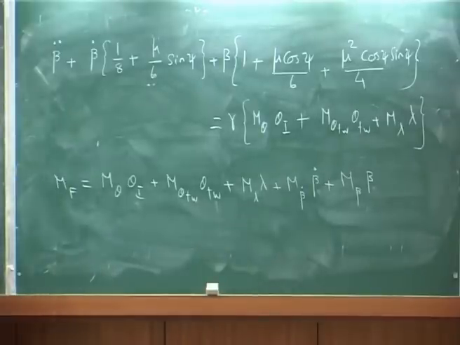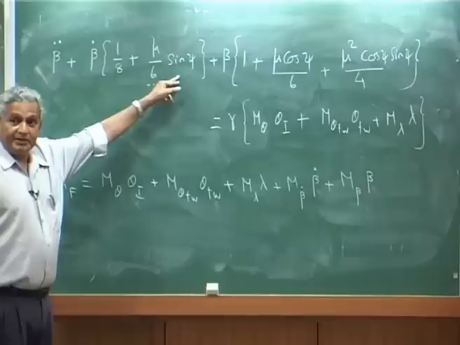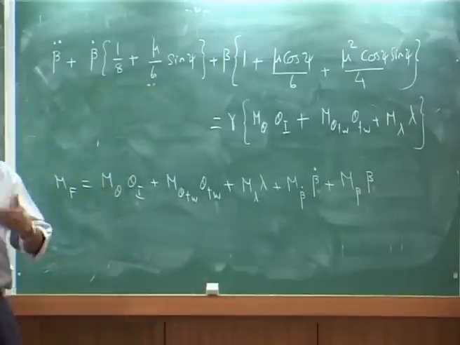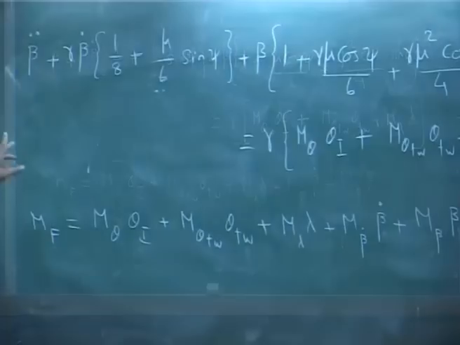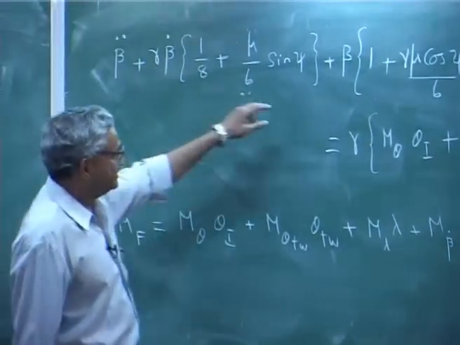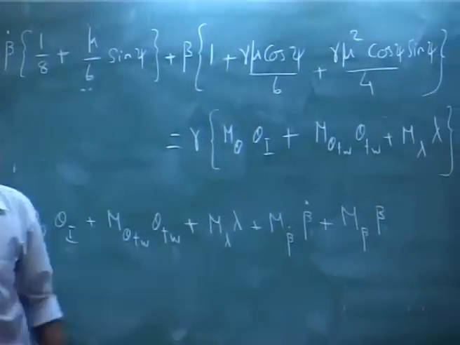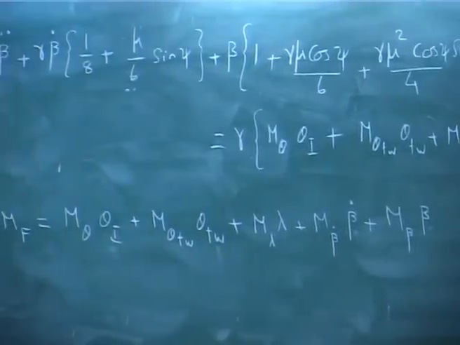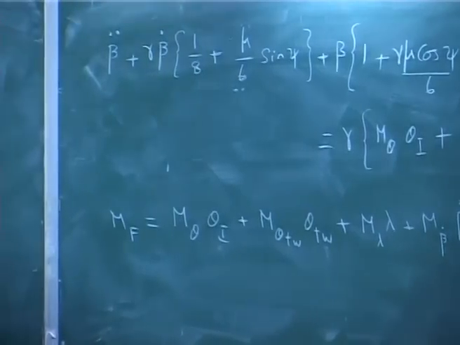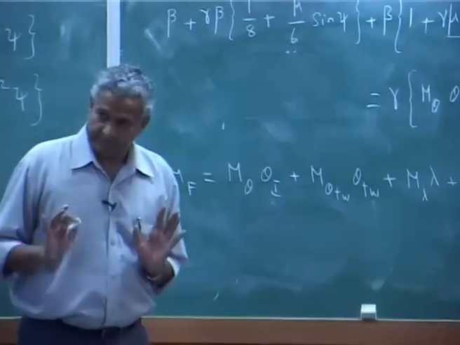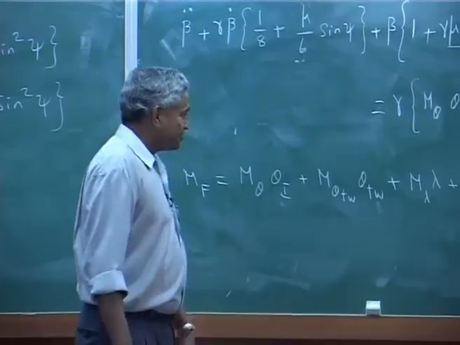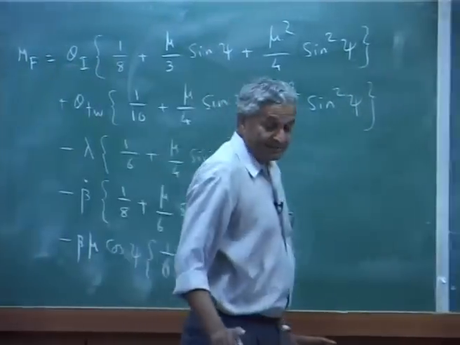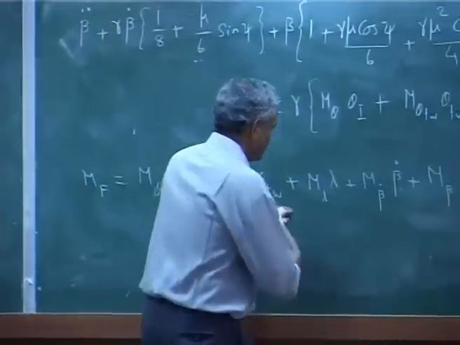Now you are having a time varying equation. This is a parametric excitation type of problem. Yes, you have a gamma here and gamma there. Okay. Now what is it that we are looking for? The solution. Because we said lambda is a constant. We have to substitute for theta I. Okay, so I erase this part.